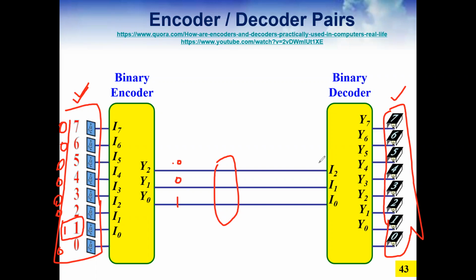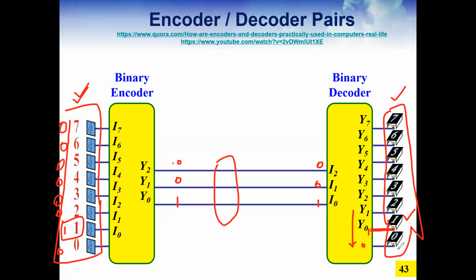So 0, 0, 1 will reach the input of the decoder. And do you know that when the input of the decoder is 0, 0, 1, which particular output is going to be high? Output 1, yes. Actually this should be down, this is 0, this is 1, there is some misplacement here. So this output is going to be high, and when it is high, only this bulb will glow, the rest are off.